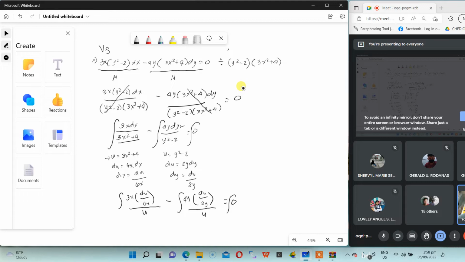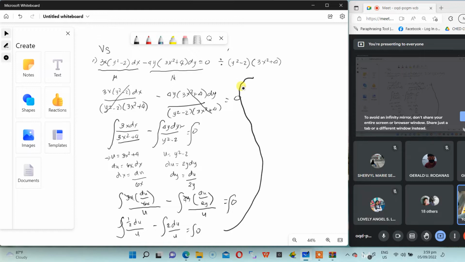So from here, we could simplify this further. So we have 1 half du over u. We could move step by step. So the integral of all of it, minus the integral of 2 du over u, equals the integral of 0.